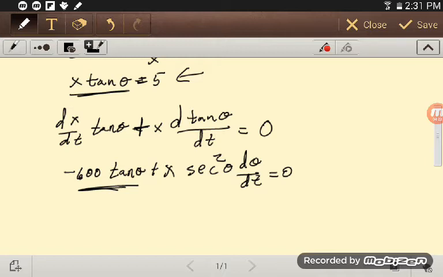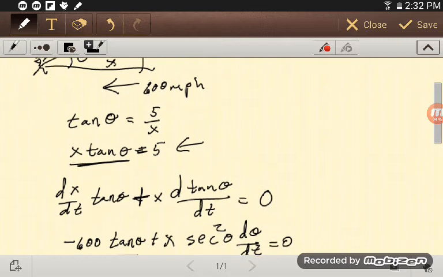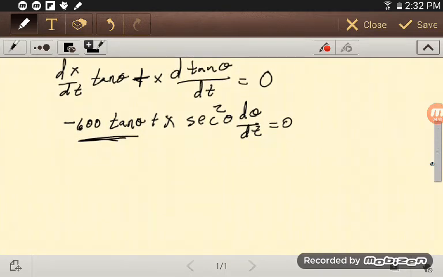x. Do I know what x is? Find the rates when the angle is 30 degrees. I'll have to figure out what x is. I have my relationship here, right? x is 5 over tangent theta.